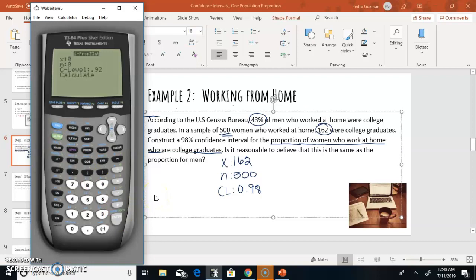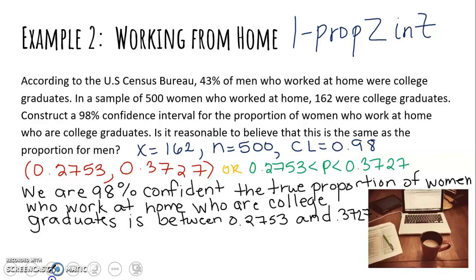You only need 3 numbers, X, 162, N is 500, confidence level is 0.98. And go to calculate, and it looks like we get 0.2753 and 0.3727 if you round to 4 decimals.